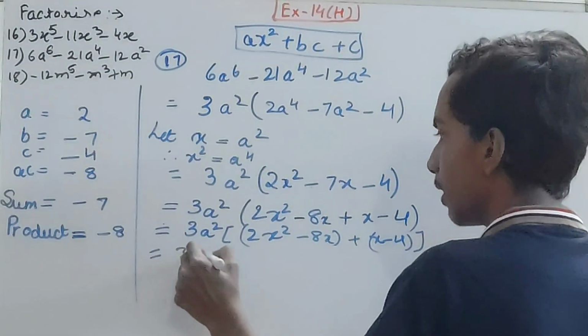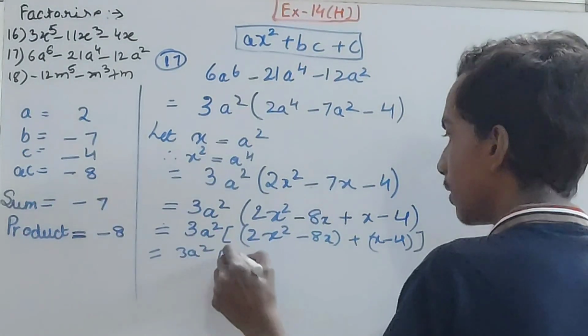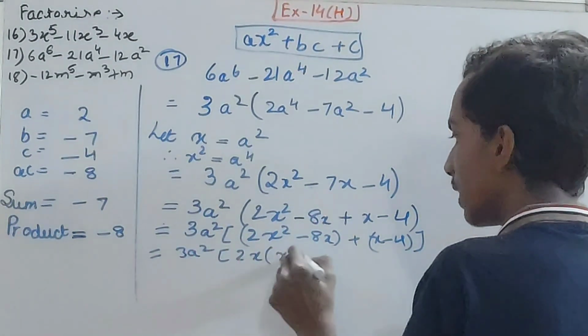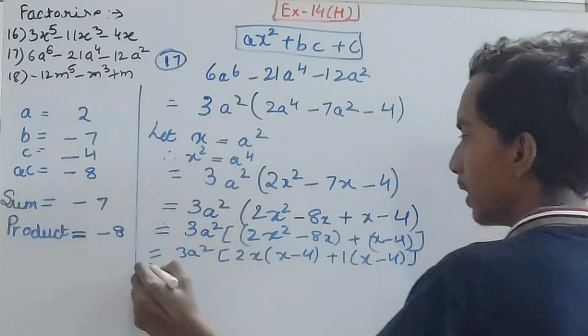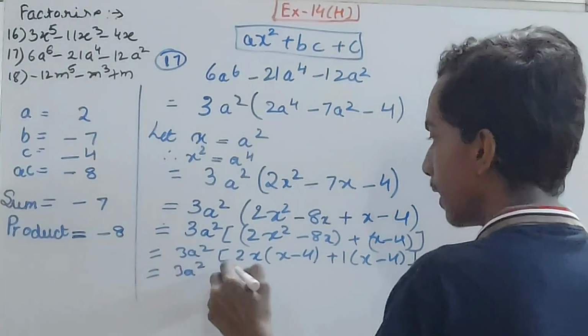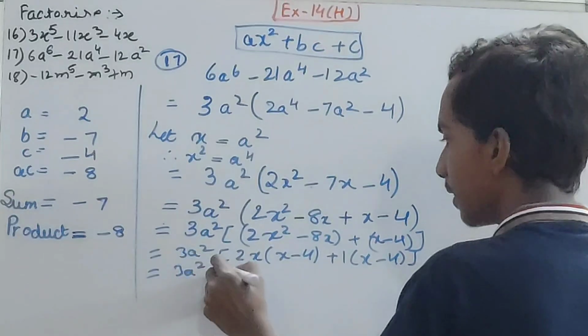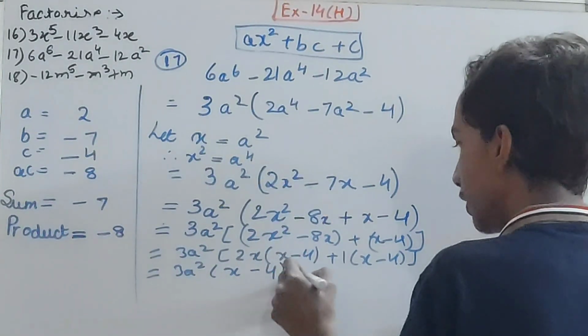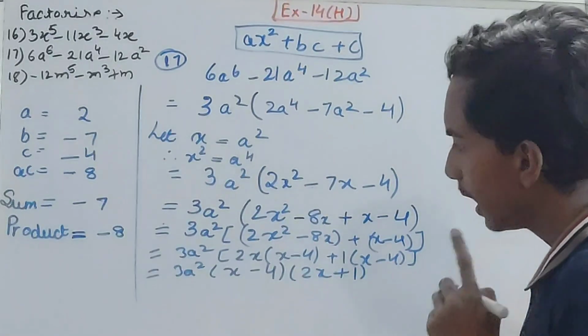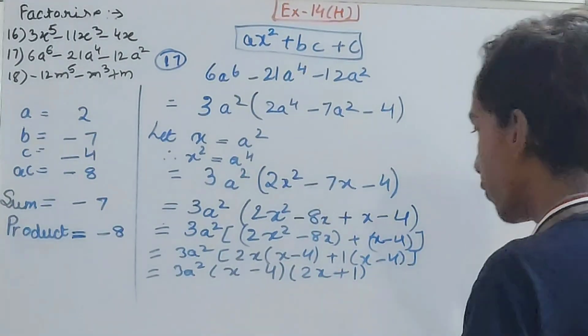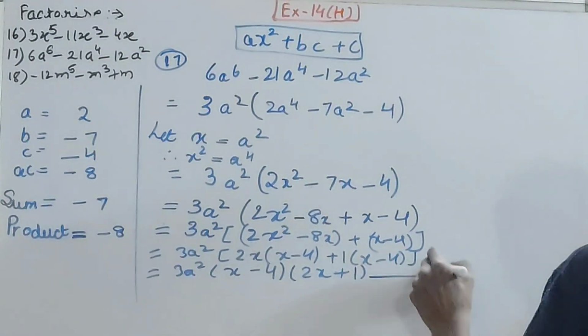It is simple. Now from here you can take out 2x common, so you will have x minus 4. From here you can take 1 common, you will have x minus 1. This will be 3a square, okay? In this group you will have x minus 4 into 2x plus 1, right? 3a square into x minus 4 into 2x plus 1.